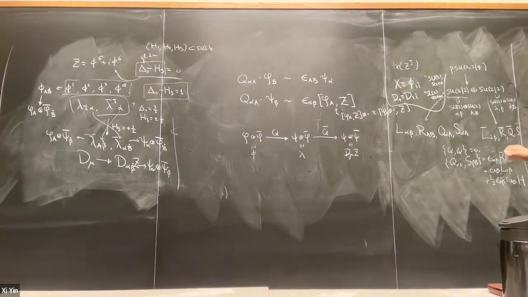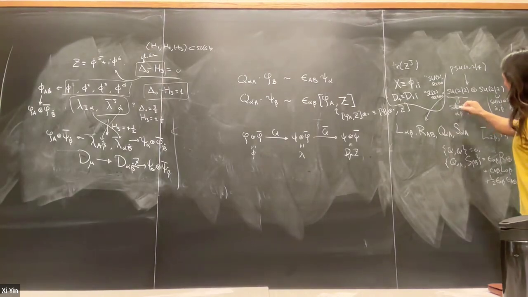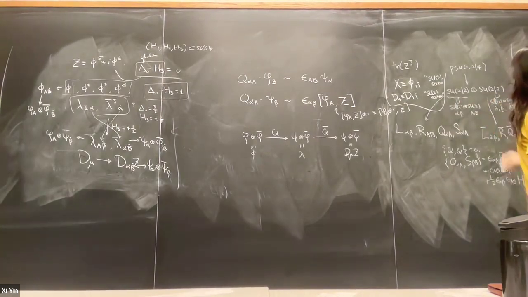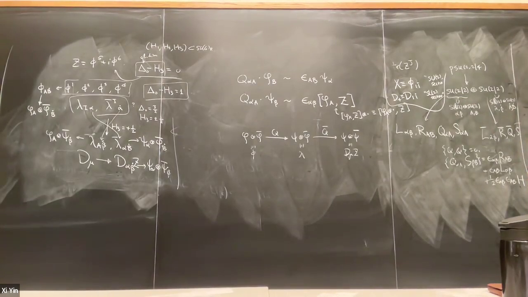Maybe I should really write this as SL2. Anyway, if you don't worry about the random condition of the generators, of course, this algebra is nice. That's what I want to say.